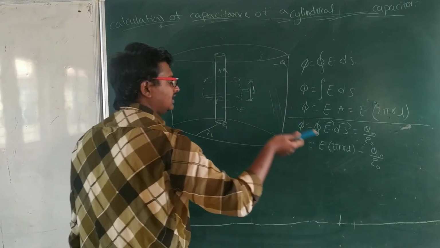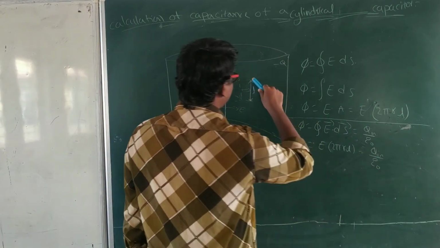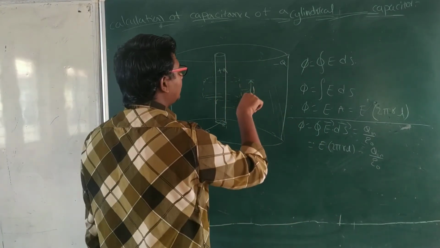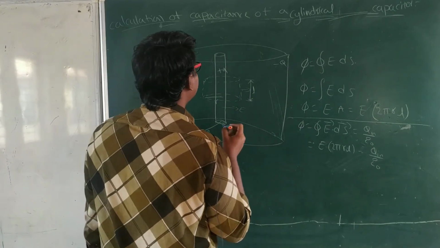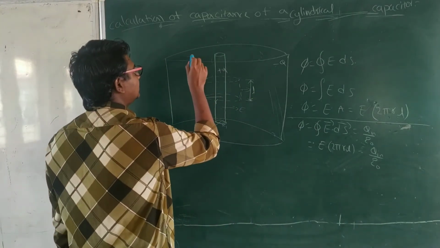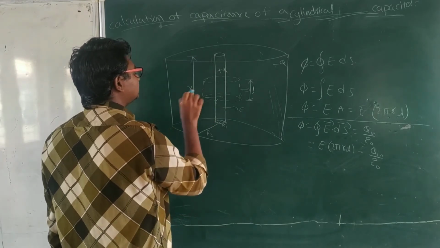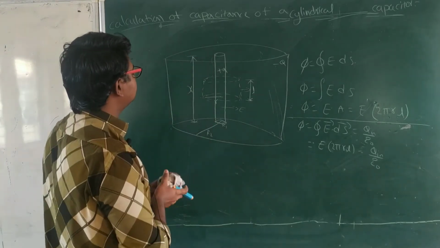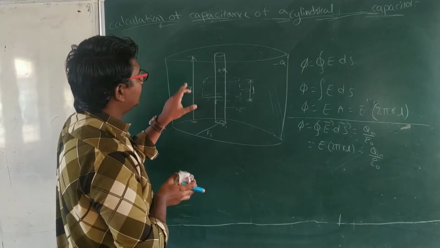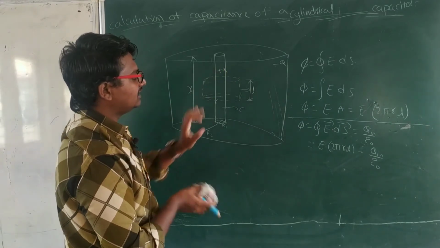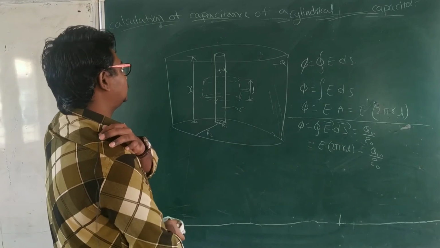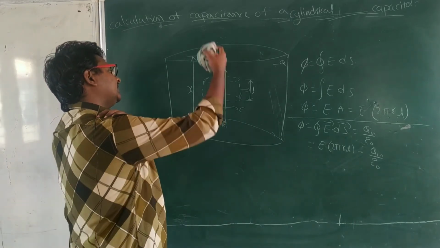But we have to find how much charge there is on this length L. For example, if the total length is x, and this length is L, then we have to share the charge accordingly. This is like a line charge.